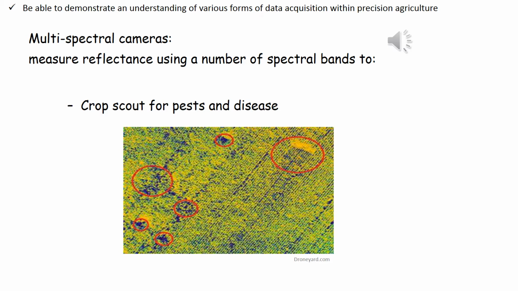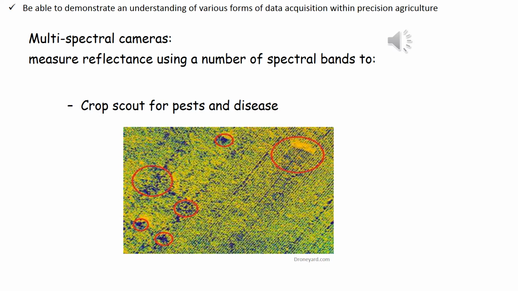So the images that we then retrieve from these multispectral cameras allow us to differentiate patterns within vegetation. These patterns could be due to different vegetation types or different health of the vegetation or the presence or absence of vegetation. Here we can see in this case there's holes within a crop.